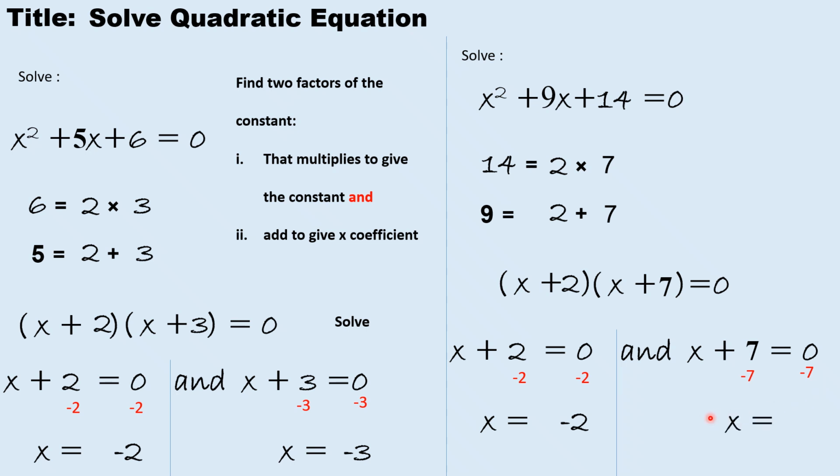Therefore, x equals negative 7. So here we go. These are our solutions: x equals minus 2 and x equals minus 7. Again, the roots of the equation are minus 2 and minus 7. You can do your substitution in order to check your answer.